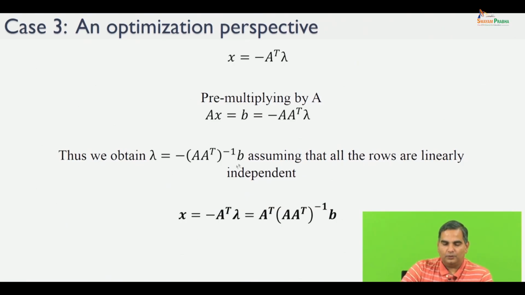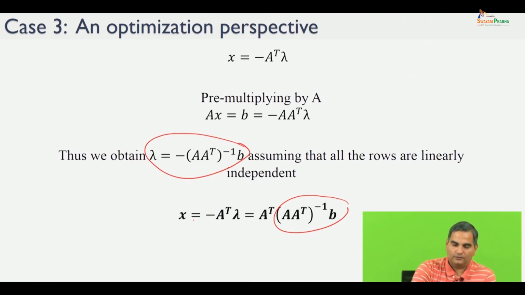Now since we have an expression for lambda, we can substitute that expression here, and we will get x equal to minus A transpose lambda, where lambda is this expression. So this solves for x in the equation Ax equal to b, and since we use this idea here, the x that we get is such that Ax equal to b, that is, it satisfies the original equation.